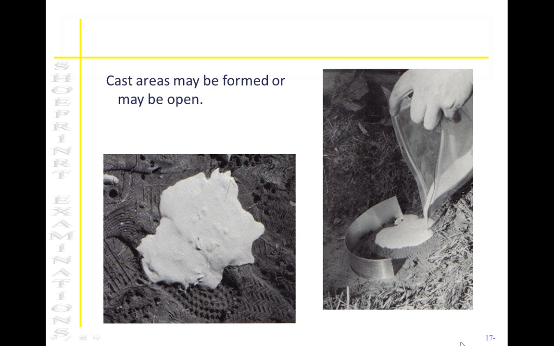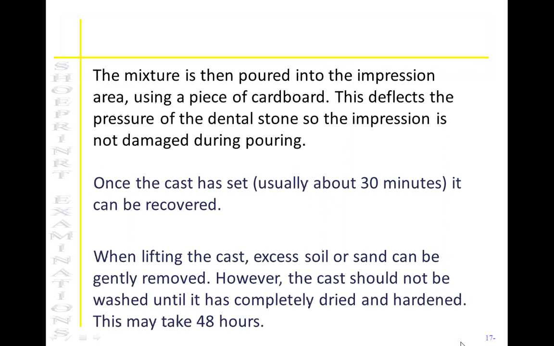Once the dental stone is mixed, it can either be cast by having a form around the shoe print itself, or it might just be an open type cast that it's poured in that area. You're going to pour the casting material into the shoe print itself by using a piece of cardboard to deflect the mixture.